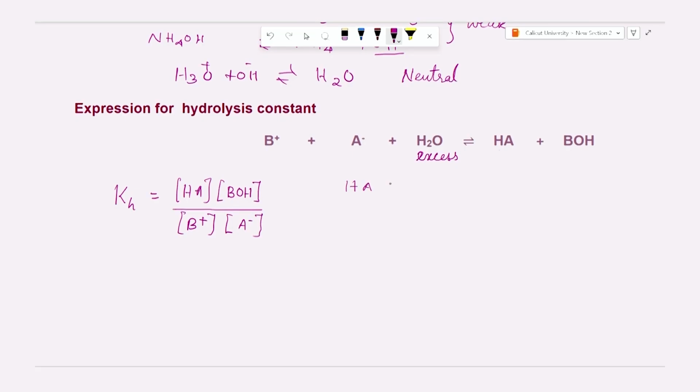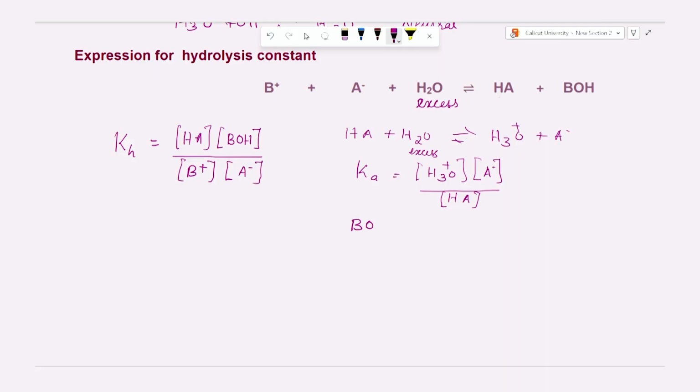Now, since both acid and base are weak, we have to consider the ionization of the weak acid, HA plus water giving H3O plus and A minus. And from this, again, water is considered to be in excess. Ka will be equal to concentration of H3O plus into concentration of A minus, whole divided by concentration of HA.